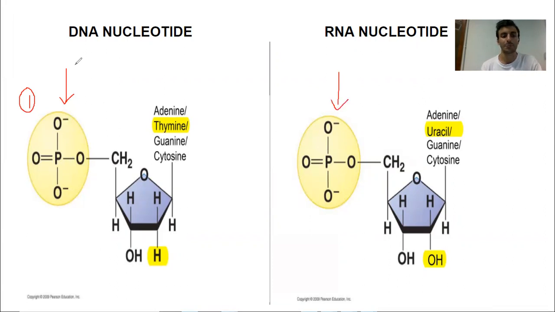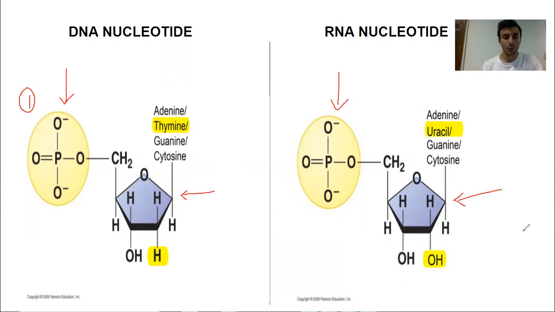Now, the second component is the 5-carbon pentose sugar, called deoxyribose in the DNA nucleotide and ribose in the RNA nucleotide.